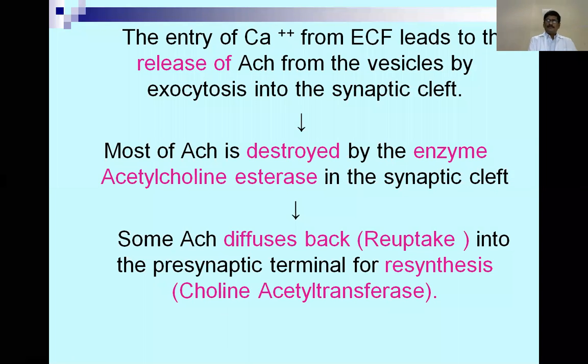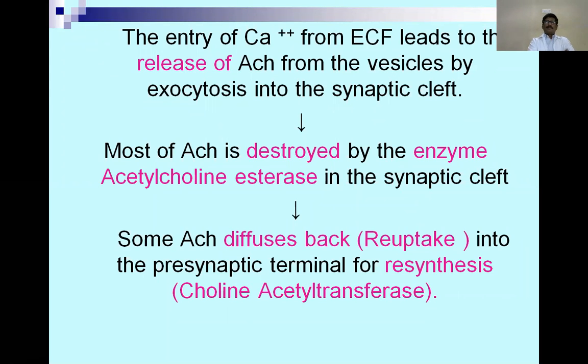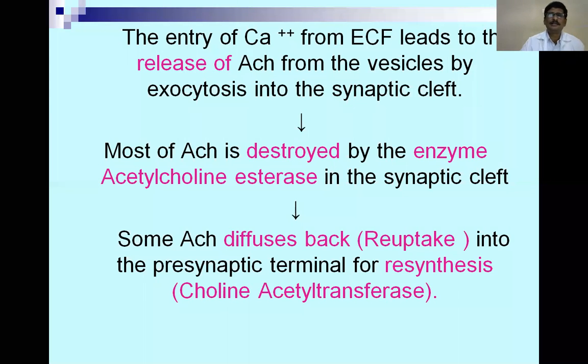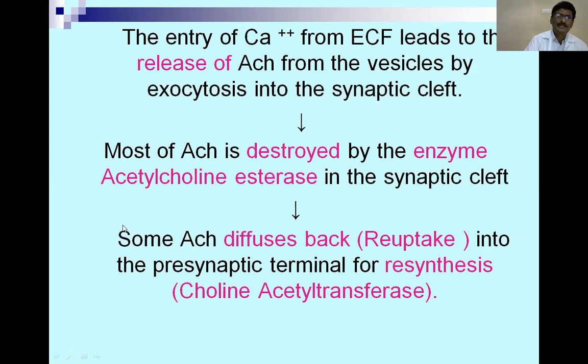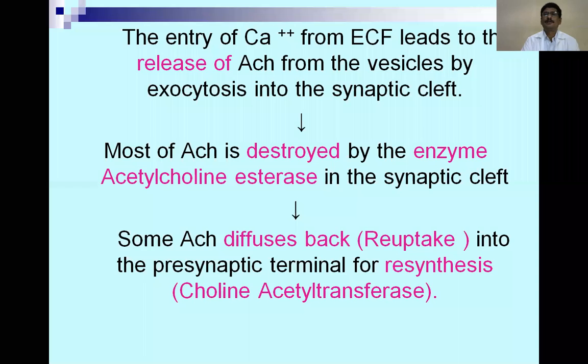So the effect of acetylcholine at the nerve terminal is very short-lived. It doesn't act forever; only a few milliseconds, and after that it is cleaved by the powerful enzyme acetylcholine esterase. This is how ACh is synthesized, where and how it acts, and what happens to it later.